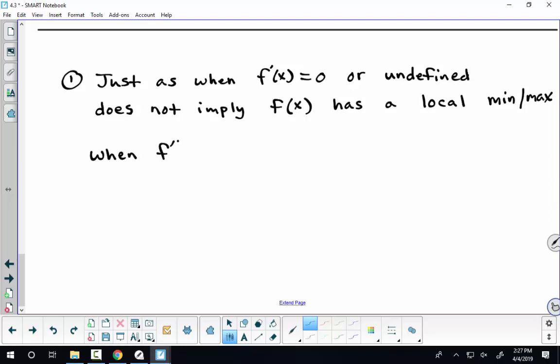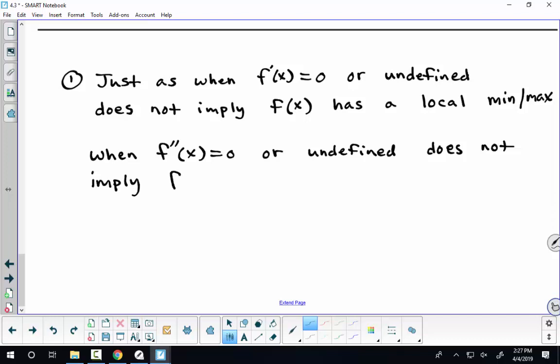When the second derivative is 0 or undefined, that does not imply the original function will have an inflection point.